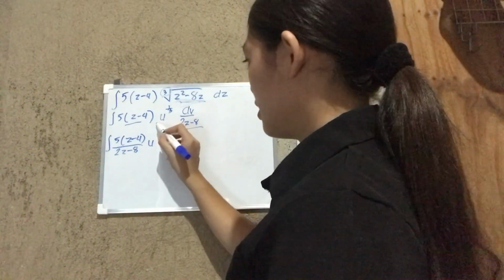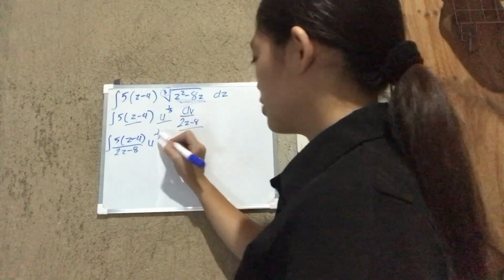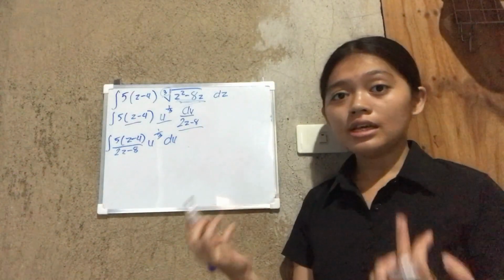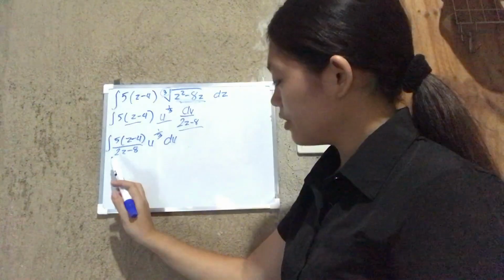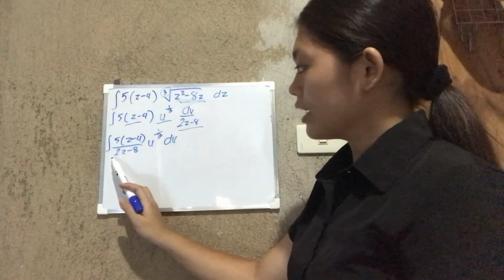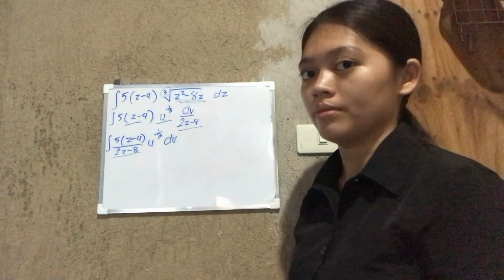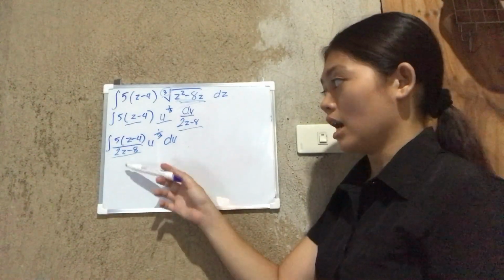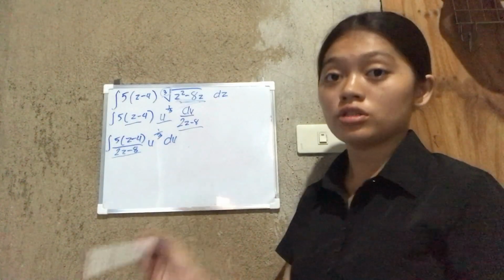Then copy the u, so u raised to 1/3, then the du. And as you can see right here, we can factor out this term. And once we factor out this term, we can cancel out the z minus 4.